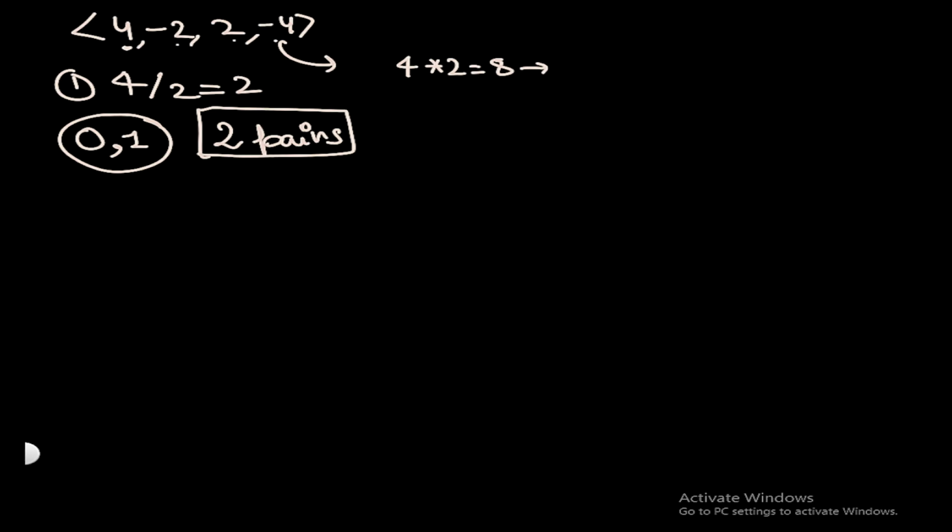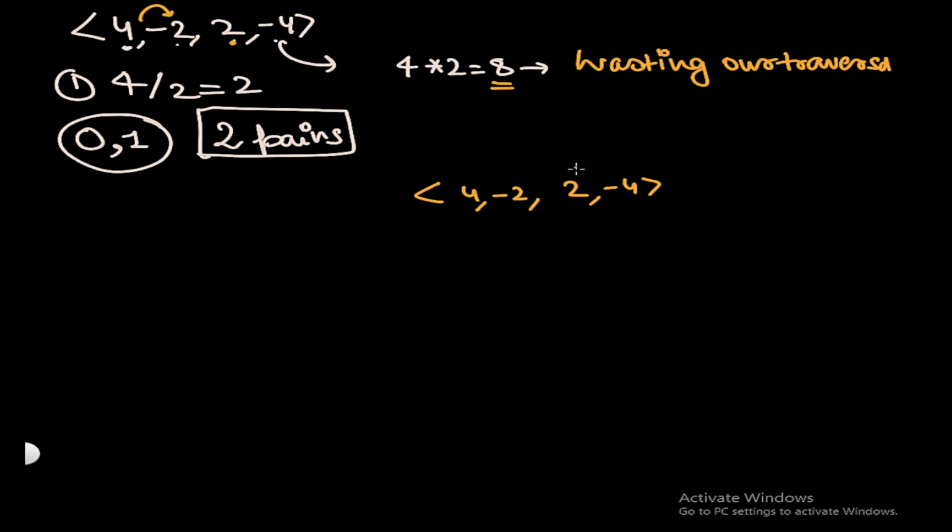Rather than wasting our traversal, we can do a thing. Why should we waste our traversal? Let's say I see 4 into 2 is 8, which is not present in the array, and then I go to the next position and check, and then I skip 4 because it was not present, and then I come to 2 and say hey, now 2 is present.